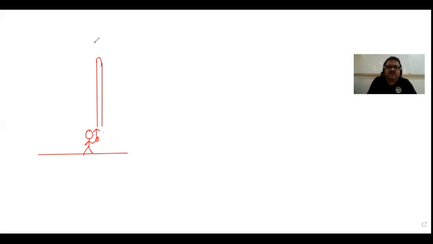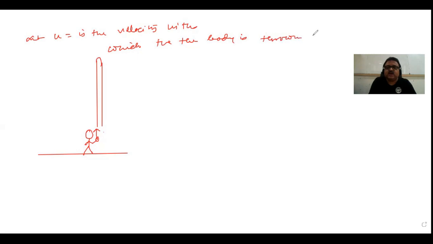Now, let u be the velocity with which the body is thrown upward.